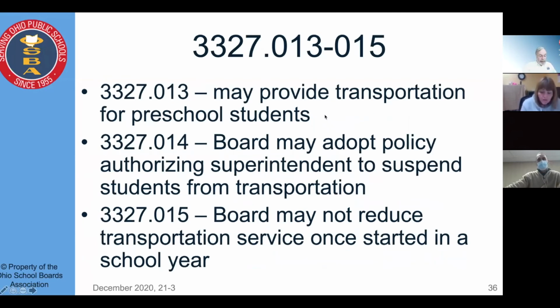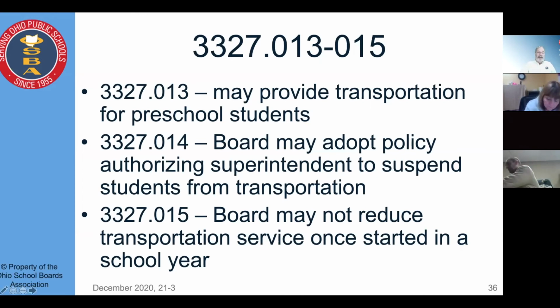Just a sidebar. If you're reading the architecture of the revised code, it doesn't always look logical. 3327.013 is actually considered to be part of a 0.01 section. So you would think, okay, it'd be 1, 2, 3, just like we normally count, but when they put an 0 in front of it, it's actually a subsection of 01.